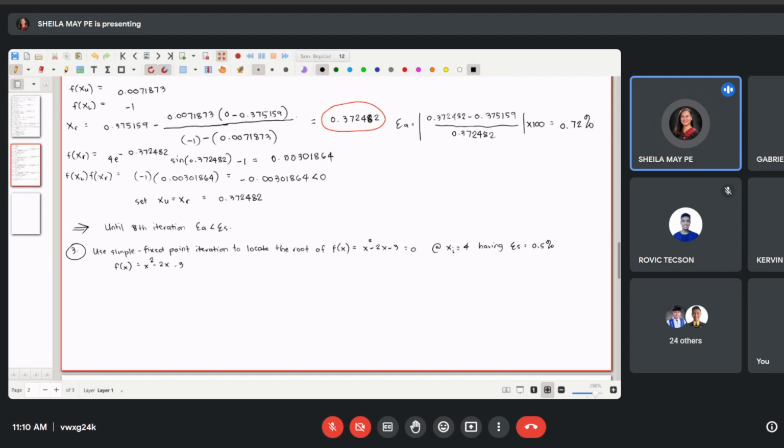Let's do this one: x squared minus 3 equals 2x, so x equals x squared minus 3 divided by 2.